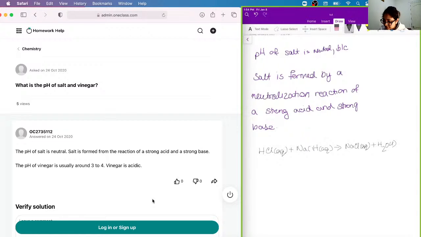However, the pH of vinegar is usually very acidic. So the pH of vinegar is around, as it stated, 3 to 4, which is acidic.